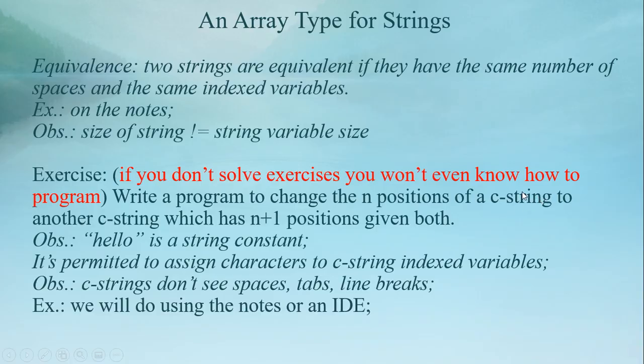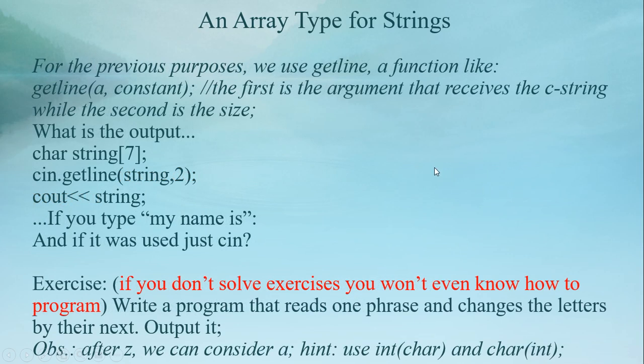Let's continue. So for the previous purposes, we use getline. So getline is a function, and I hope you pay attention to this. getline is just a function that has a constant, which is the size, and a string, right? A C string. So, for example, if we have this string with 7 characters and we getline, the function is very suggestive.